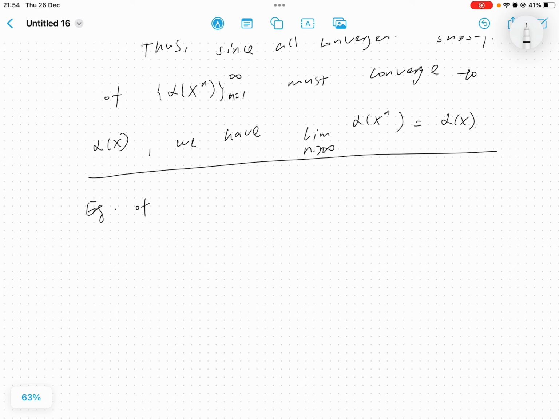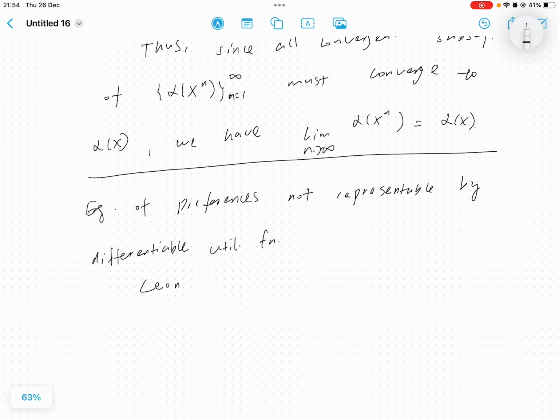some preferences not representable by a differentiable utility function. A very simple example is called Leontief preferences.